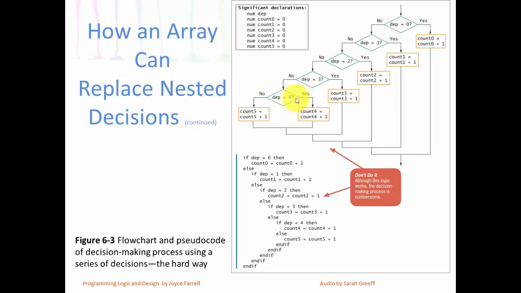And if we have eliminated all of these questions, 0, 1, 2, 3, 4, then we don't need to ask if they have 5, because we've already asked all the necessary questions. Therefore, we're just going to have an else that counts our 5 dependents for the employees. Now, you would place this nested decision within a loop, of course, till you reach the end of file.